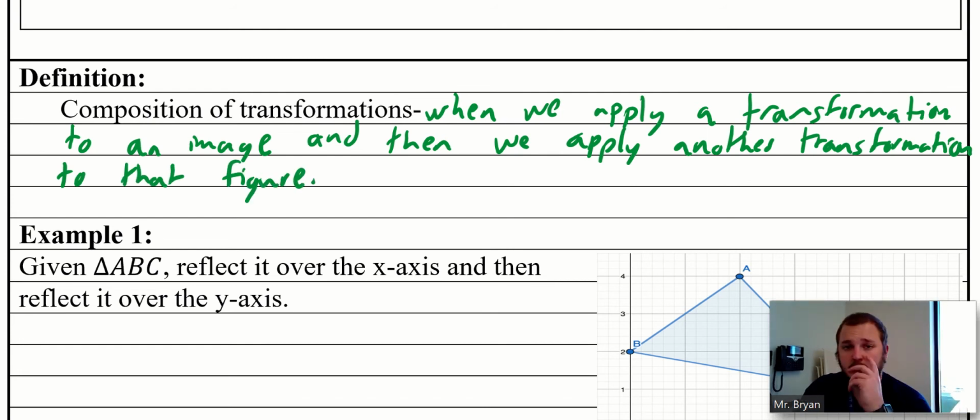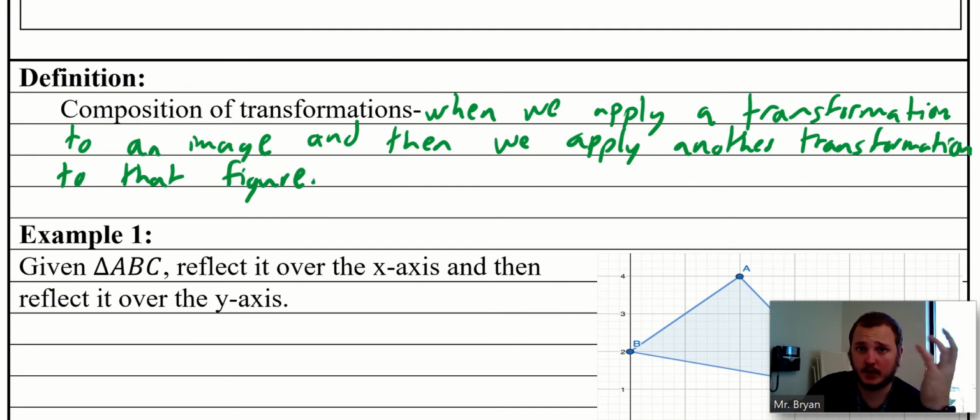Composition just means adding on another step, or a collection of multiple things. So composition of transformations is just a collection of multiple transformations that we're going to be working on here.